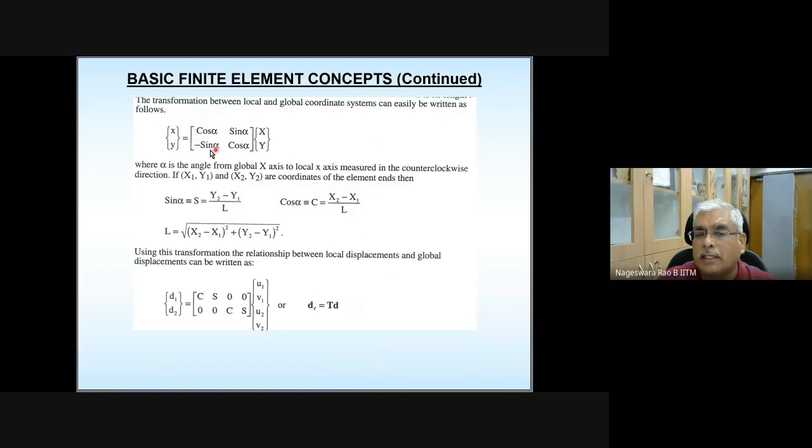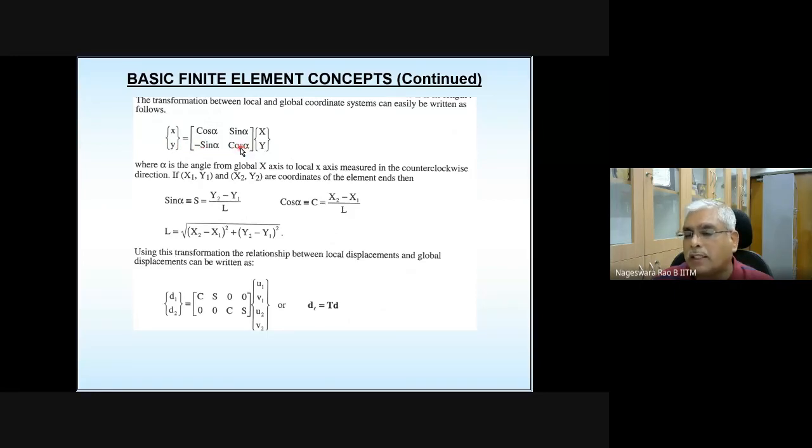This is the row we are looking at. This location is the cosine of the angle between this and the global x-axis. Sorry, whatever I told you previously: it's not the angle between local y-axis and global y-axis.